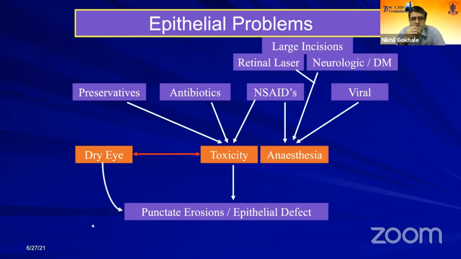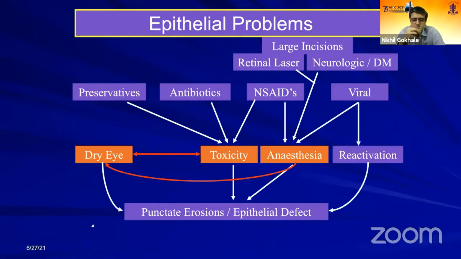Similarly, we can have patients with neurotrophic problems, which could be because of corneal incisions cutting the nerves, or because of systemic disease or previous treatments. The cornea may be anesthetic. There could be a viral or some other etiology where the cornea is anesthetic or has poor sensation. These eyes are predisposed to dry eye because of a drop in tear secretion, and they also have healing problems because of loss of corneal trophic factors.